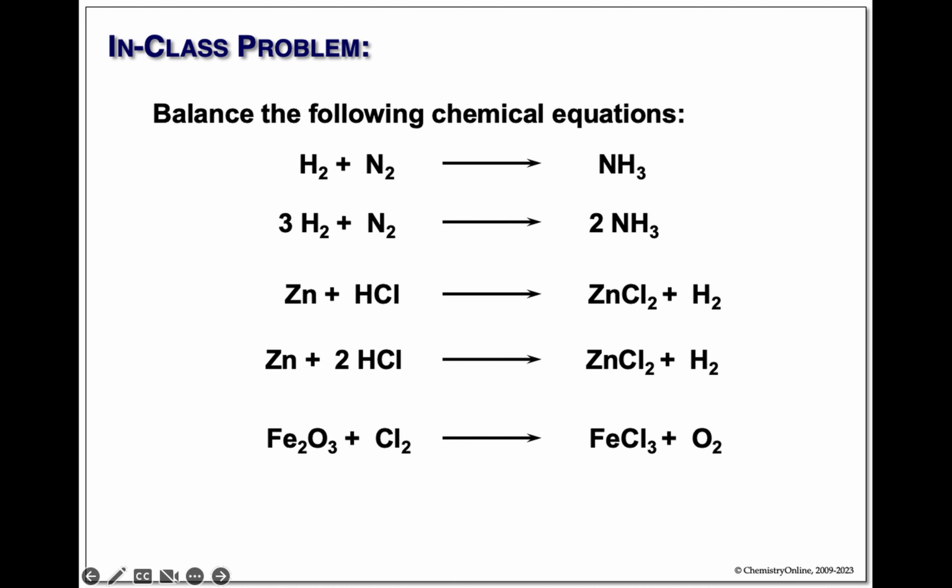Let's fix that. It also gives us 6 oxygens. Only have 2 on this side. We need a 3. And now how many chlorines do we need? Well, chlorine exists as Cl2. We have 4 times 3, 12 chlorines. We need a 6. Yep.